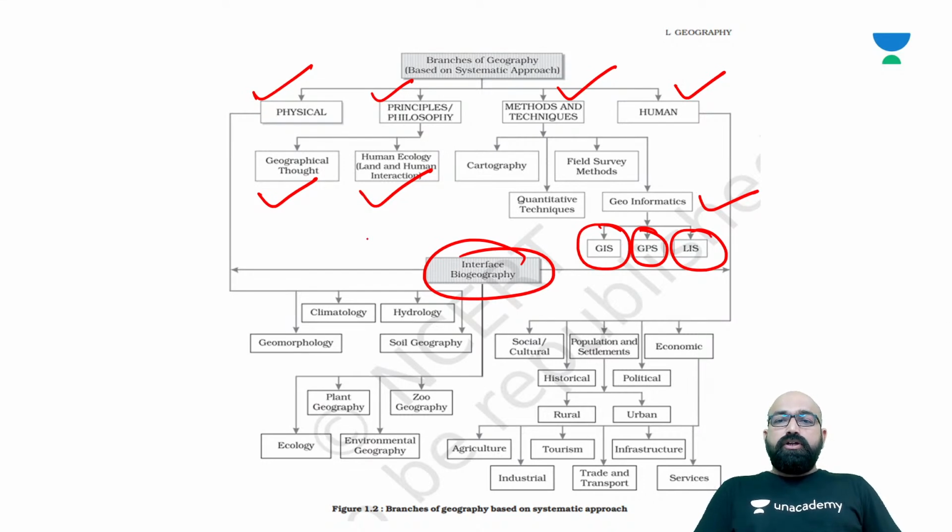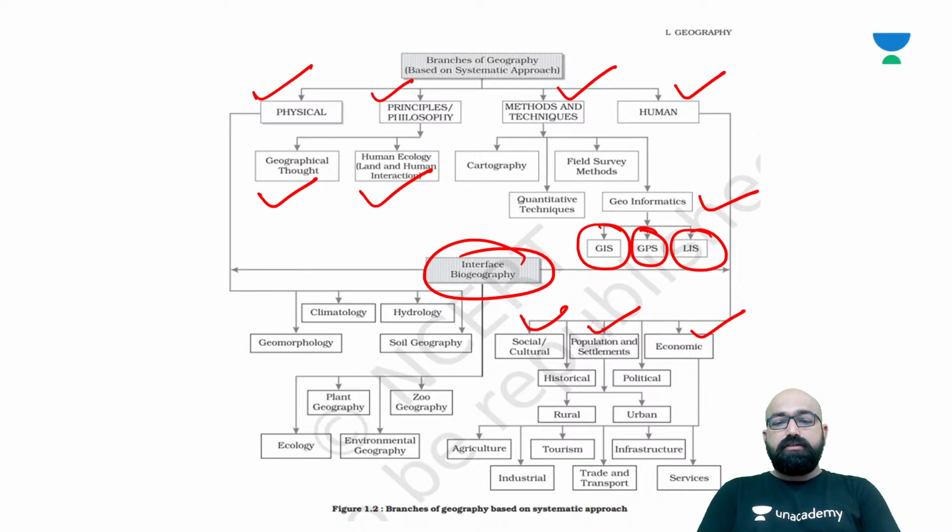Then human geography like social, then population and economic, whereas the historical, political. In population and settlement there will be sub areas like rural and urban.